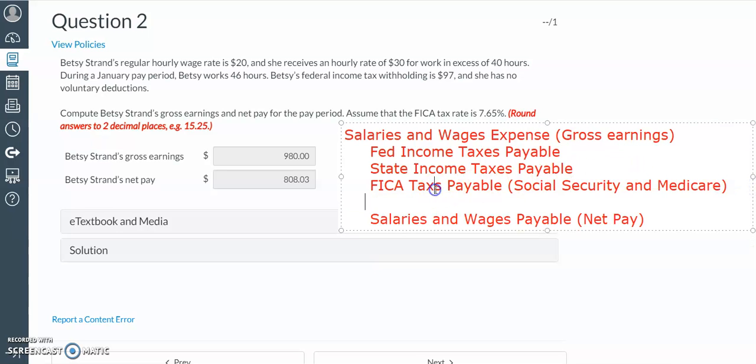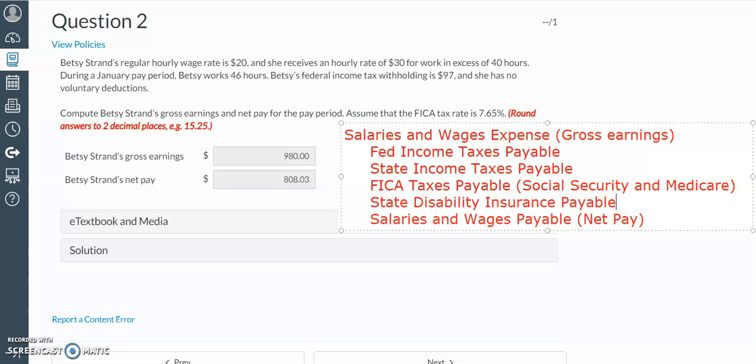So we have a few different things that are going to be deducted. There's also going to be a payable because the company doesn't have to keep this.